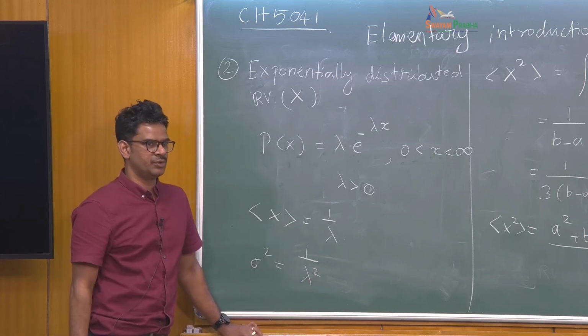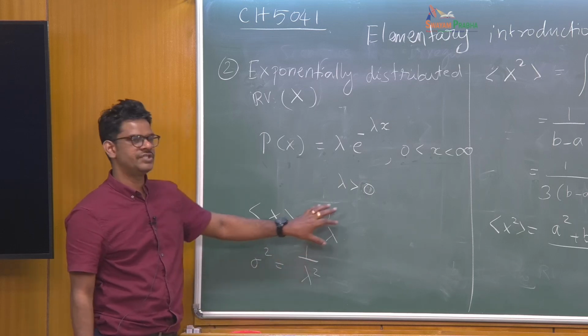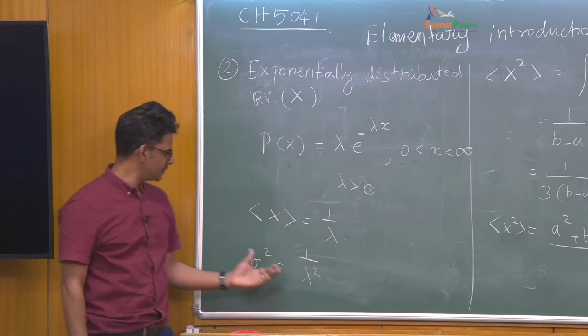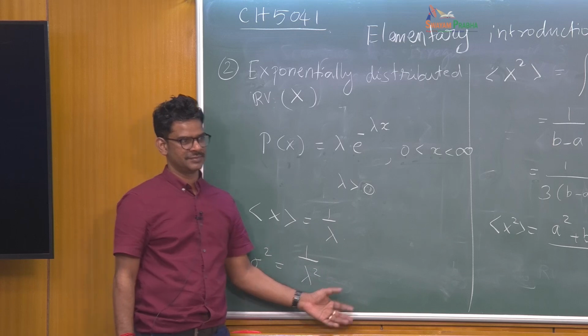So an exponentially distributed random variable has a unique feature that the mean and standard deviation are the same. The standard deviation is the square root of this, you will get 1 by lambda, and the mean and standard deviation are the same.